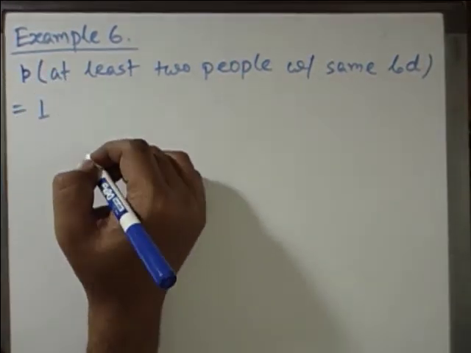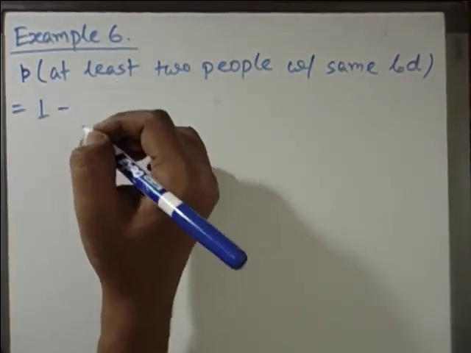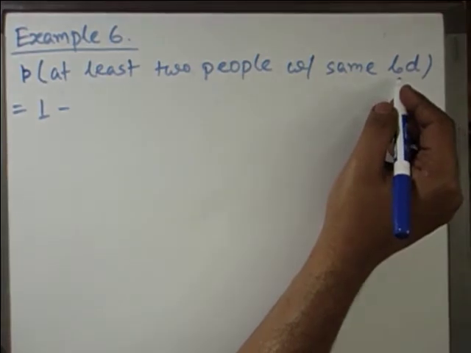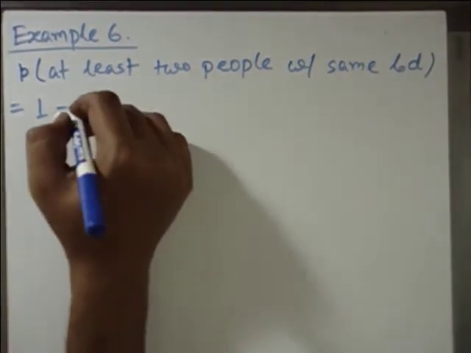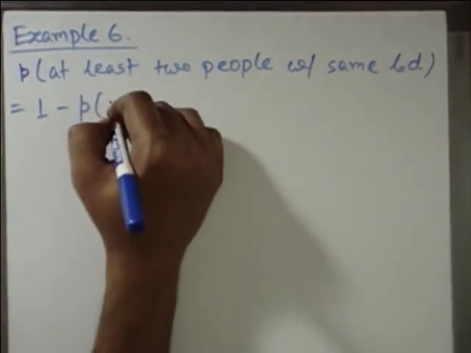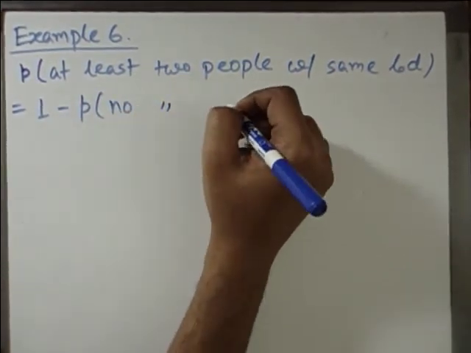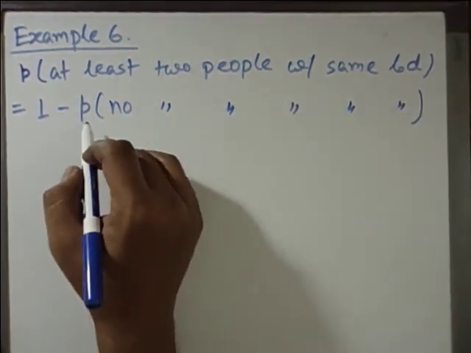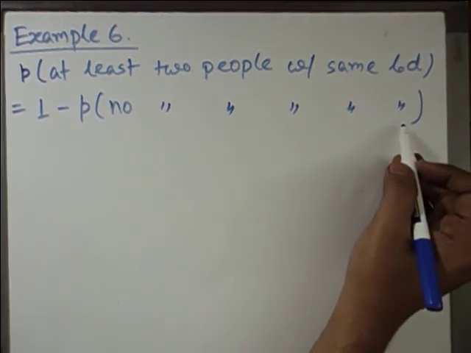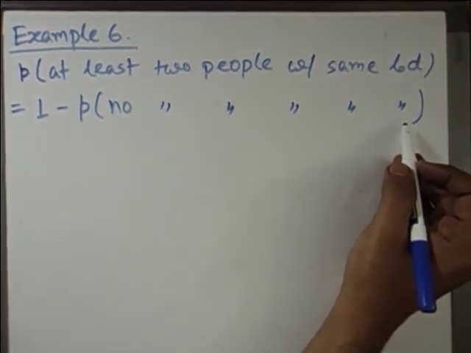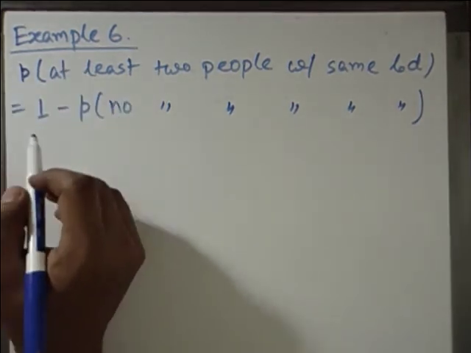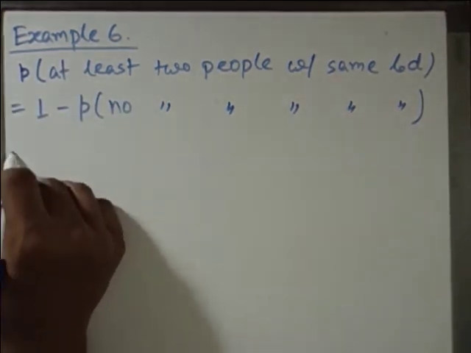Now, using the complement method for probability, what is the complement of this set? At least 2 people with the same birthday. The complement is no 2 people with the same birthday. So if we can calculate the probability of the event that no 2 people have the same birthday, and subtract it from 1, then we'll have the answer for the original problem.